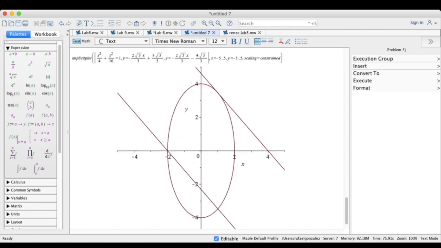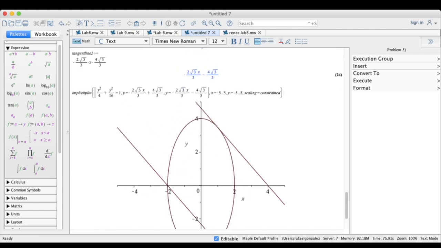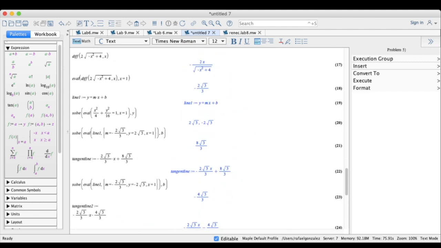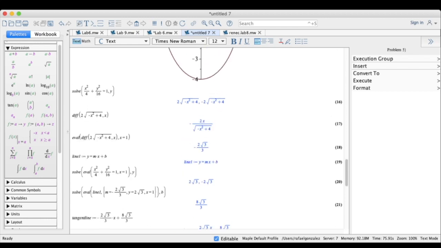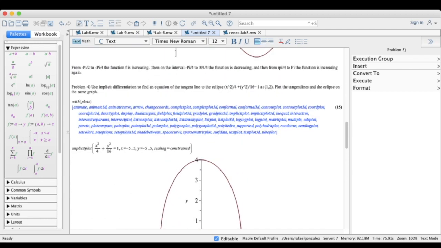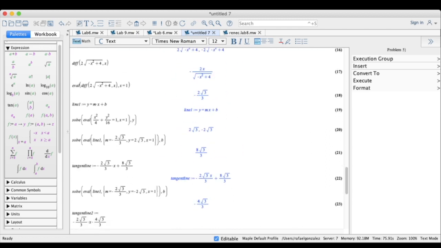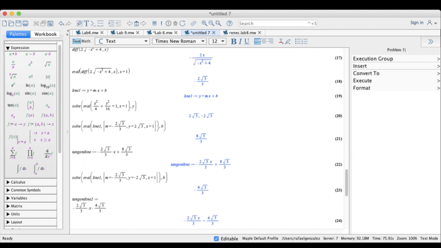And here we have a slight problem with our second tangent line. And why is that? Let's see, where did we make a mistake? The slopes are correct, so it's the y-intercept that has an issue.